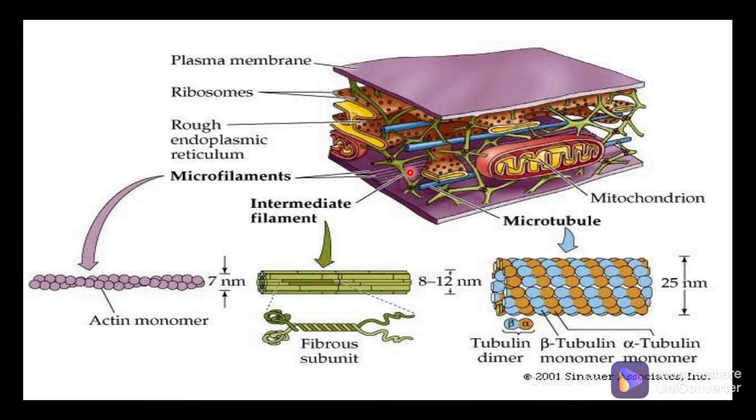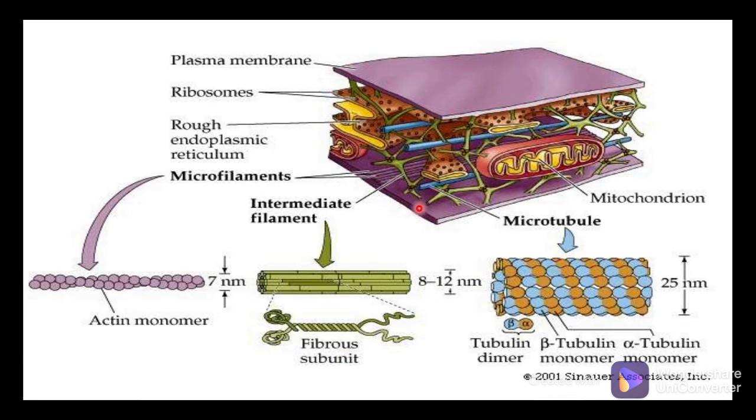This is the intermediate filament. All these are the intermediate filaments where you can see my cursor, and then here near the plasma membrane you can see the thin fibers. They are the actin filaments. They are made up of actin monomers. These are the fibrous filaments made up of fibrous subunits.